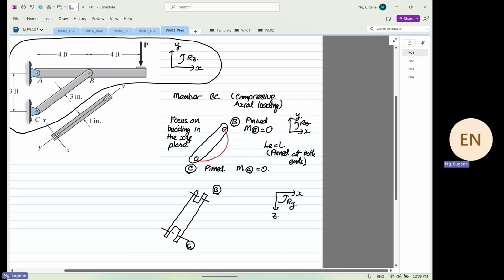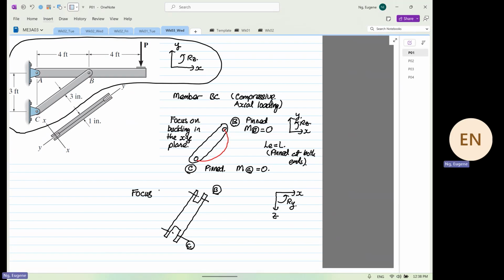So now we are going to focus on buckling in which plane? Anyone? What plane are we looking at now? XZ plane. Are we clear?